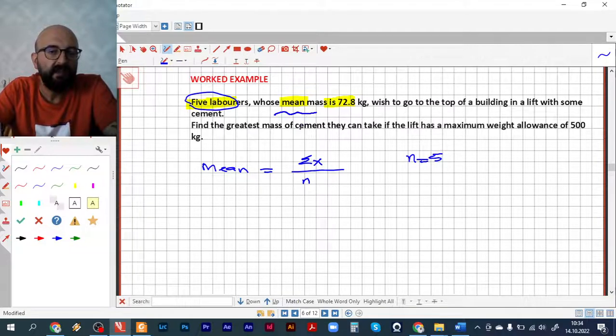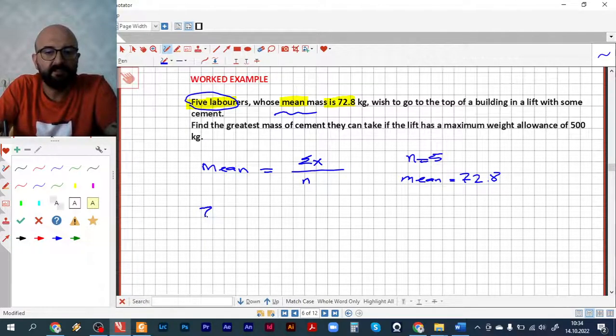We have the mean value, so 72.8 equals the sum of all values over 5.